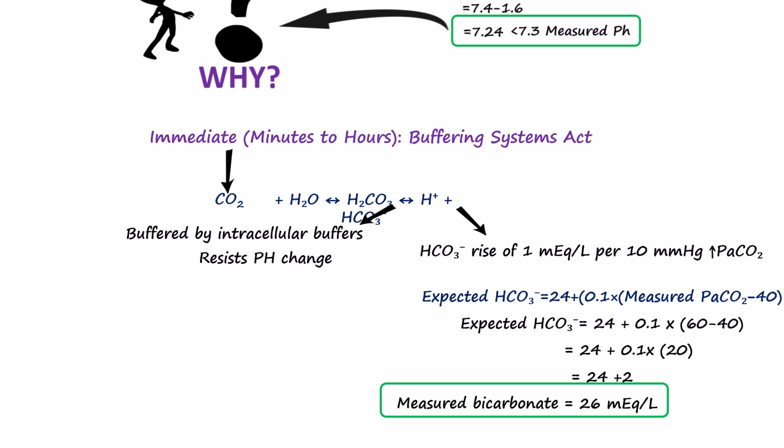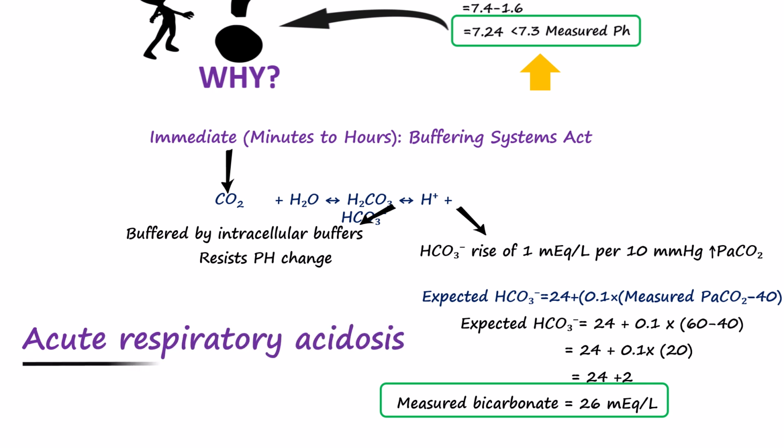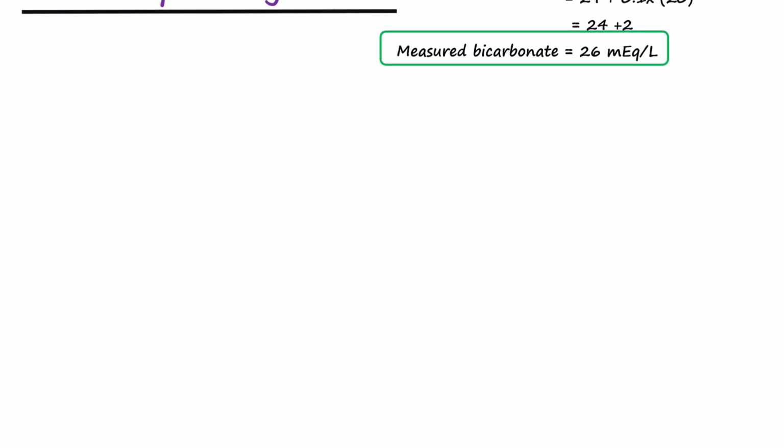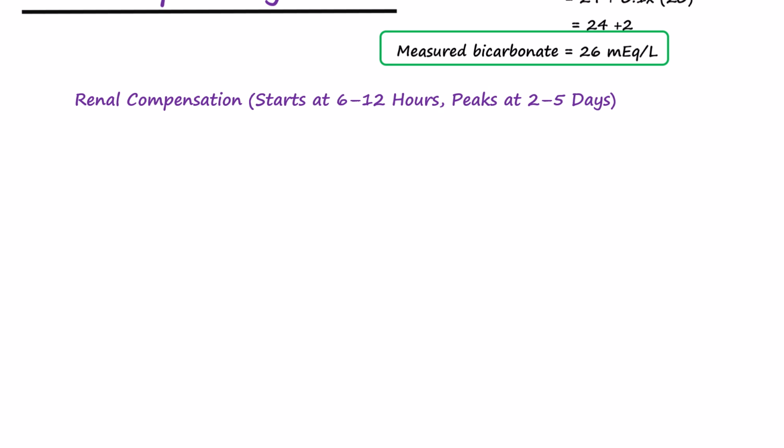So this was a case of acute respiratory acidosis, as we saw that the bicarbonate rise matches the acute buffering that occurs in the early stage of respiratory acidosis. We have also checked why it wasn't a chronic condition. In chronic respiratory acidosis, persistent hypercapnia would trigger renal compensation. It usually starts at about 12 hours and peaks around 2 to 5 days.